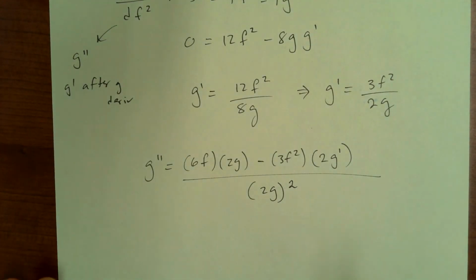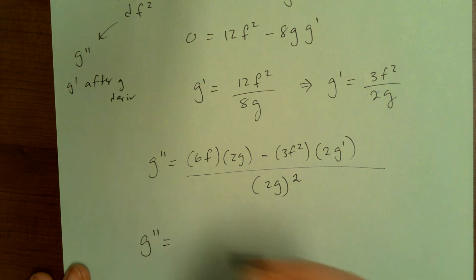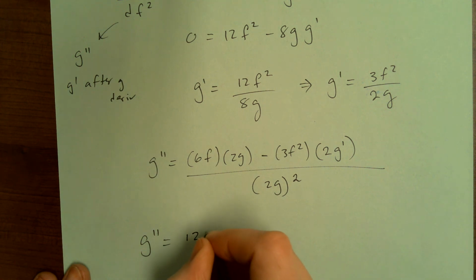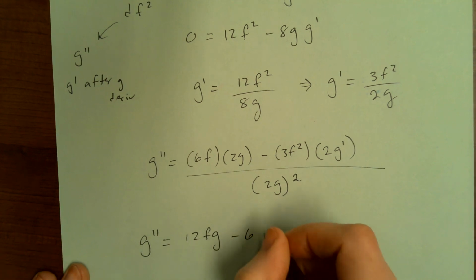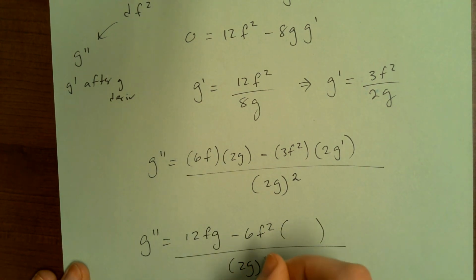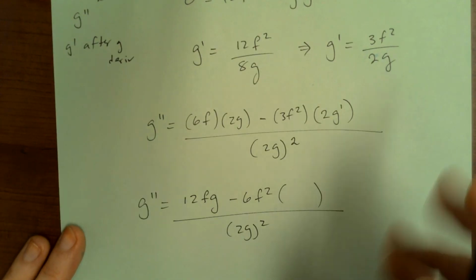Okay, and now I'm going to clean this up a little bit and then substitute g prime back in. So this is 12fg minus 6f squared. Okay, so this is where g prime would be, and I'm going to put this in instead.